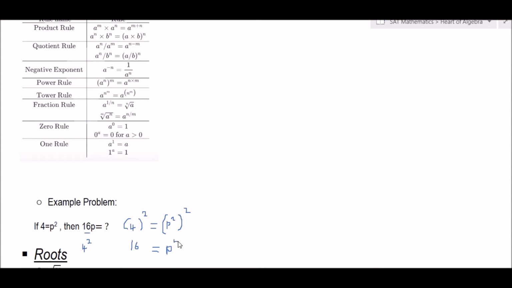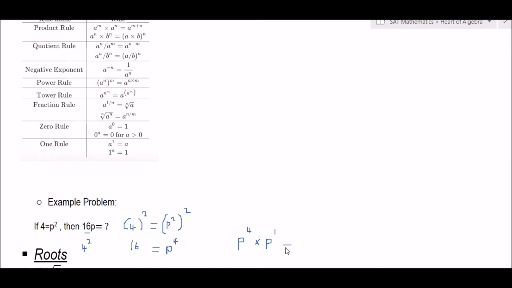So now we have everything we need to solve the problem. We know what 16 is now, and 16 is p to the power of 4. So 16 is p to the power of 4, and we're just replacing 16 with that, times p, and then always know that there's a 1 here.